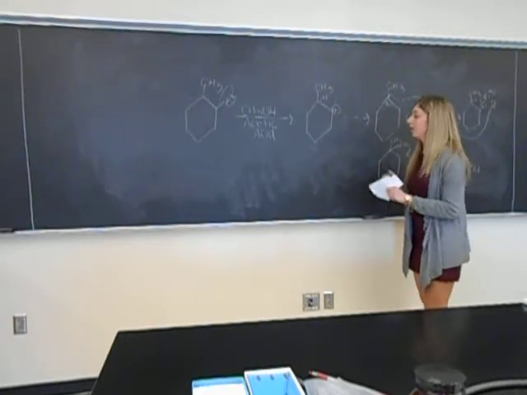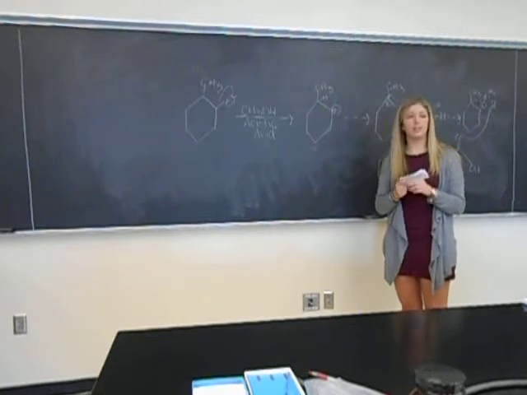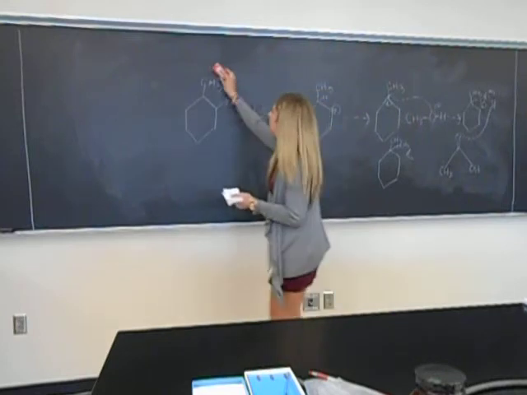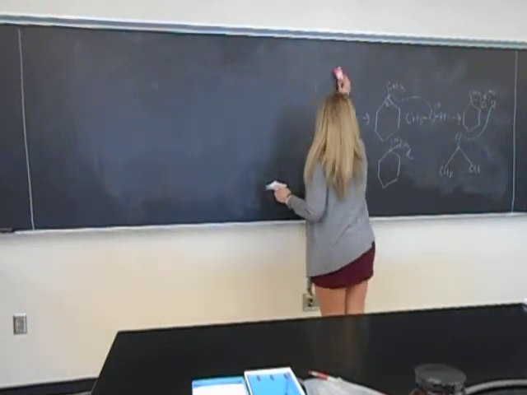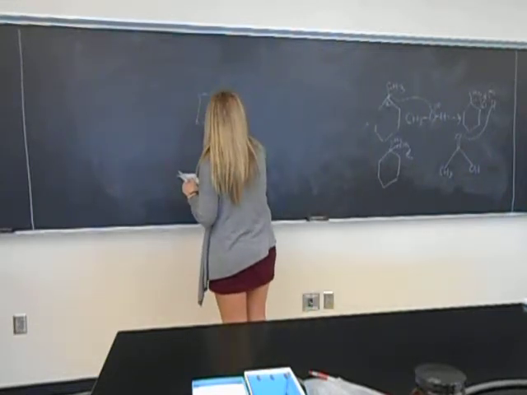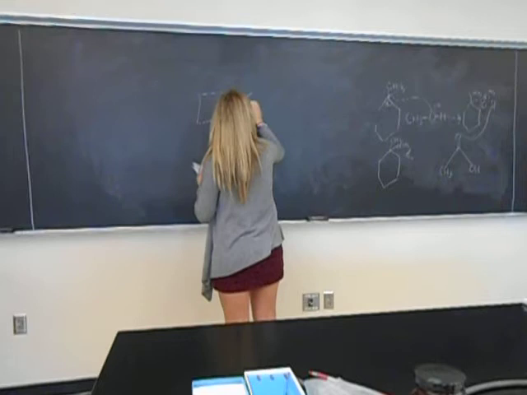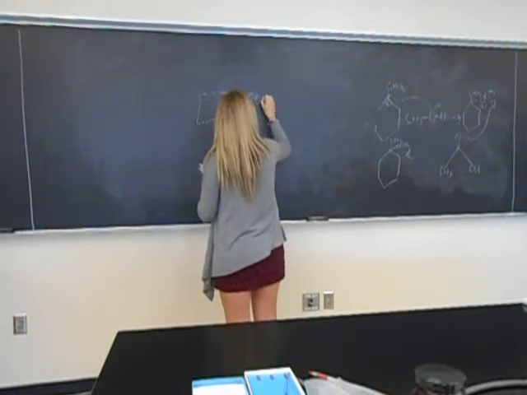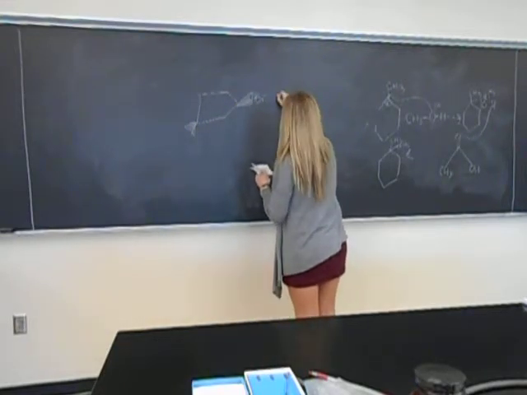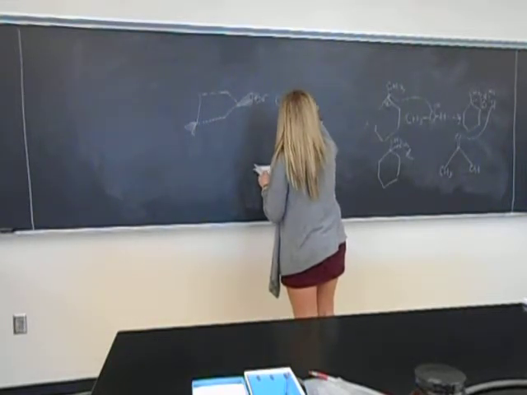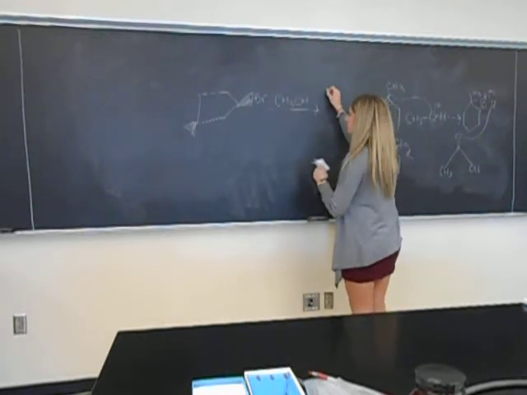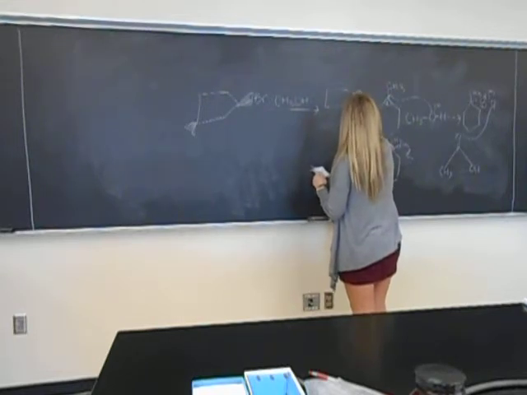And another key point would be that SN1 reactions get inversion and retention of stereochemistry. So in a different example, we can see that. For example, we had a reaction like this, we would get a racemic mixture of both the inversion and retention product.